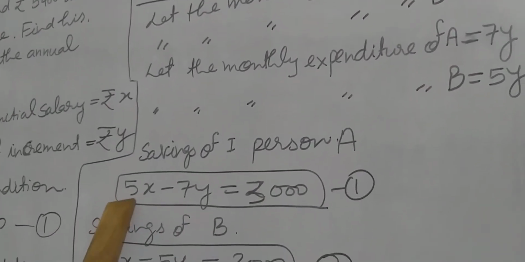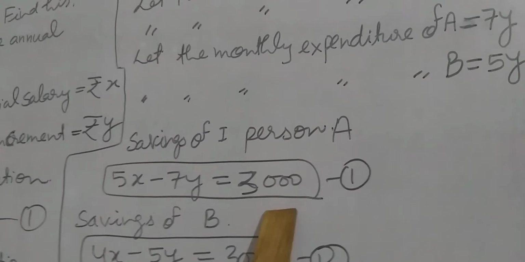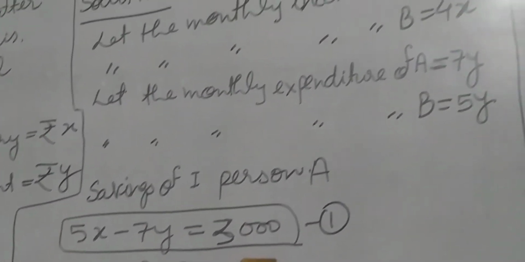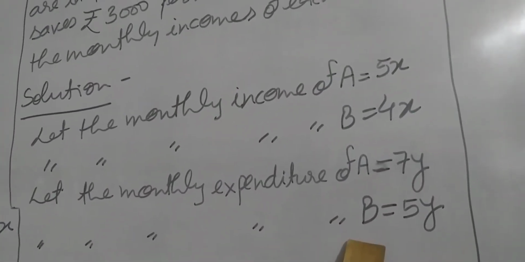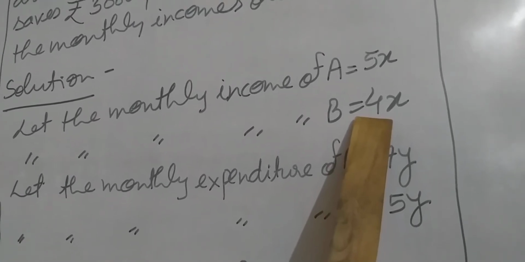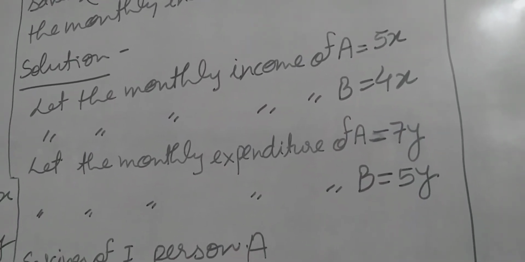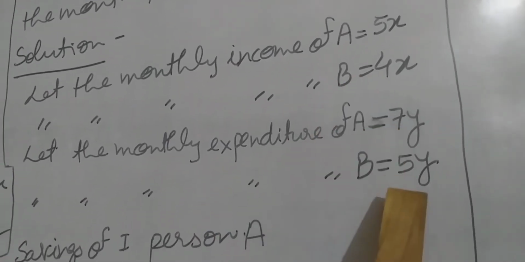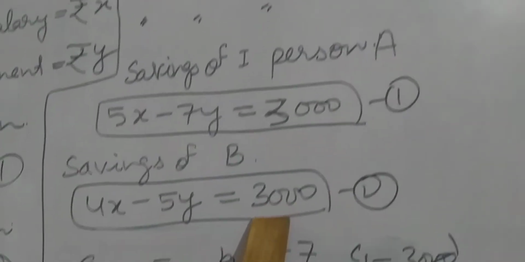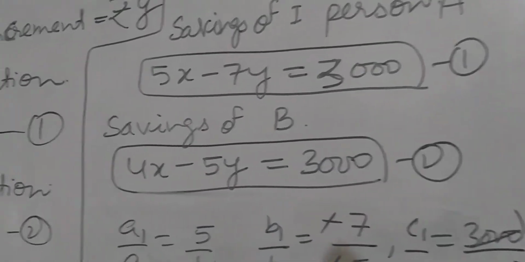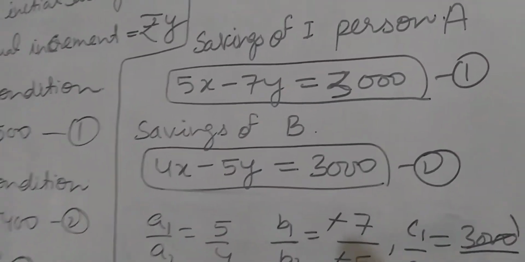Equation number 1: 5x minus 7y equal to 3000, because saving is 3000. Similarly for B, 4x minus 5y equal to 3000. Both save rupees 3000.